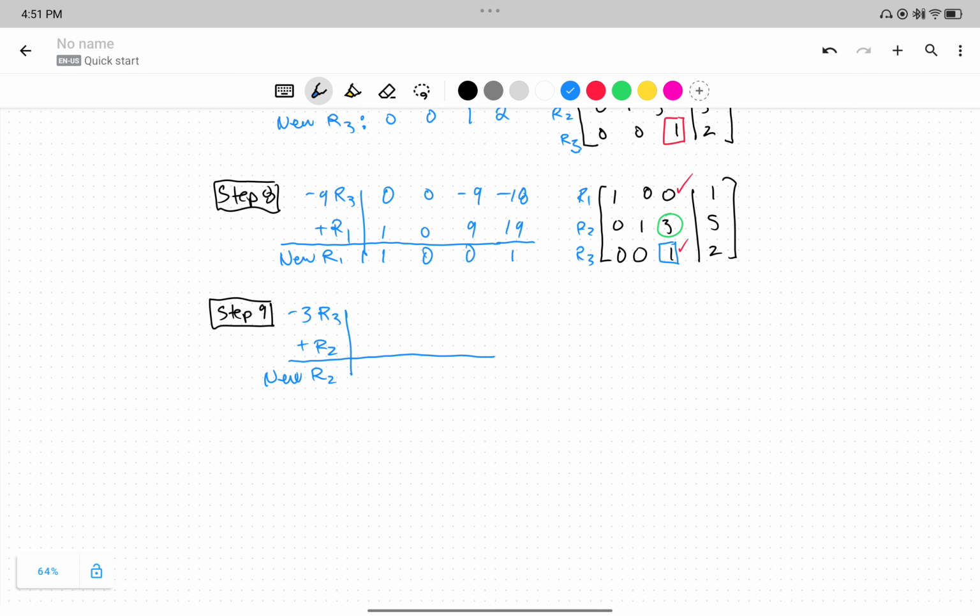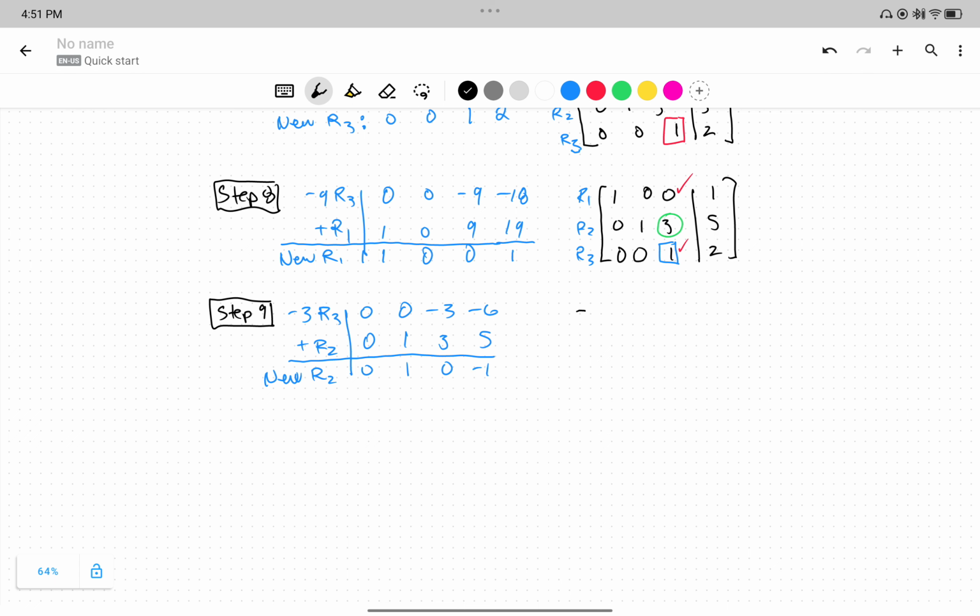So multiply -3 all the way across. That's a 0. That's a 0. -3, -6. Row 2, 0, 1, 3, and 5. That's a 0. That's a 1. That's a 0. That's a -1.